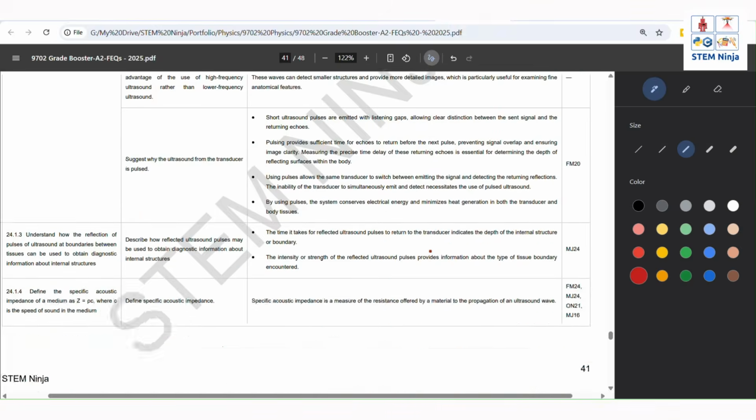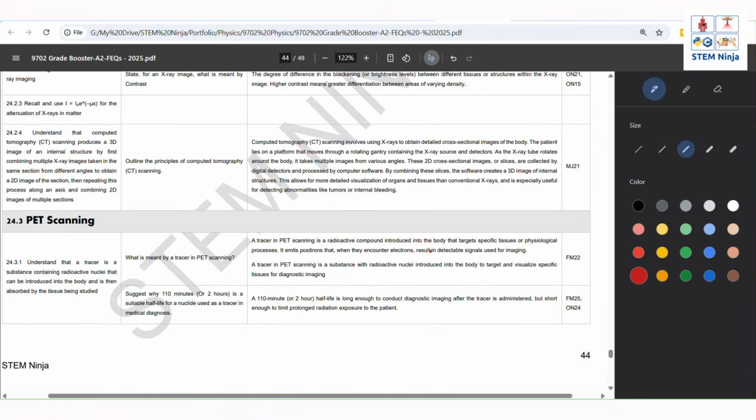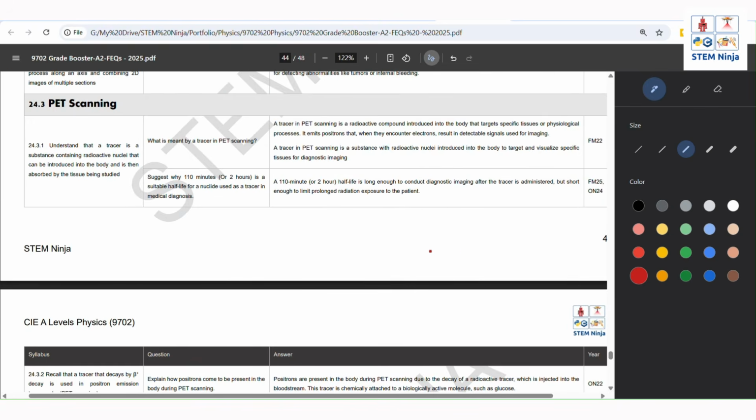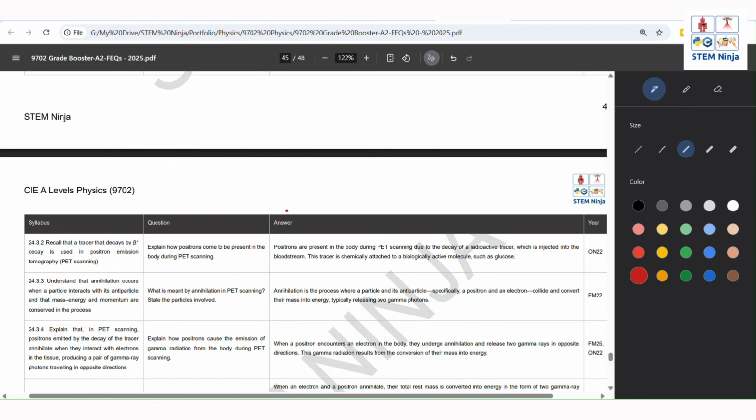Basically, a positron encounters the electrons in the body, undergoing annihilation, releasing 2 gamma rays in the process, which is then further used.